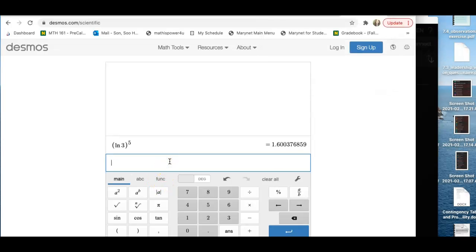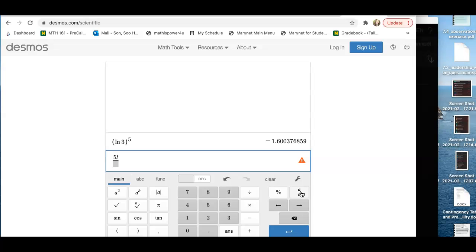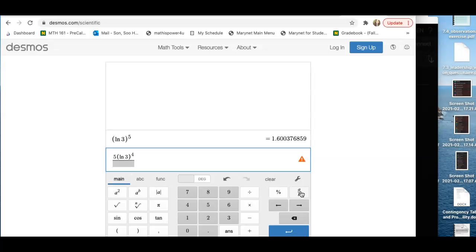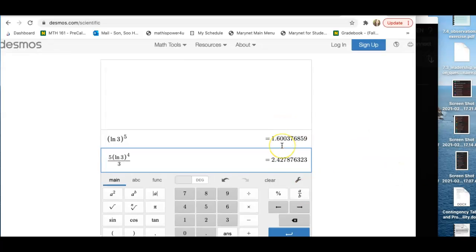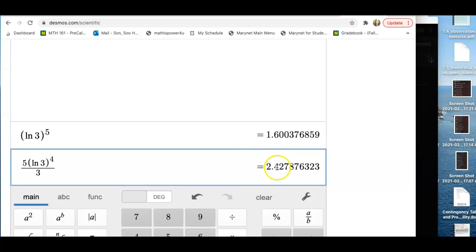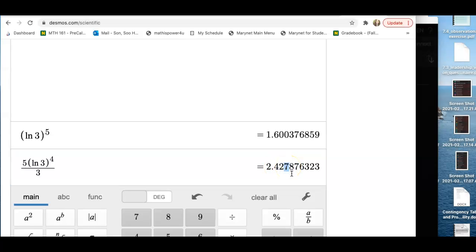And over here, I'm going to type in a fraction, which has 5 natural log of, hold on, let me put the natural log of 3 in the parenthesis, because we're going to raise that to the 4th power. And we are dividing that by 3. So take a look. When I type that into my scientific calculator, I got 2.427. Because the 7 is greater than 5, I'm going to have to round this up to 2.43. 2.43 is the slope.